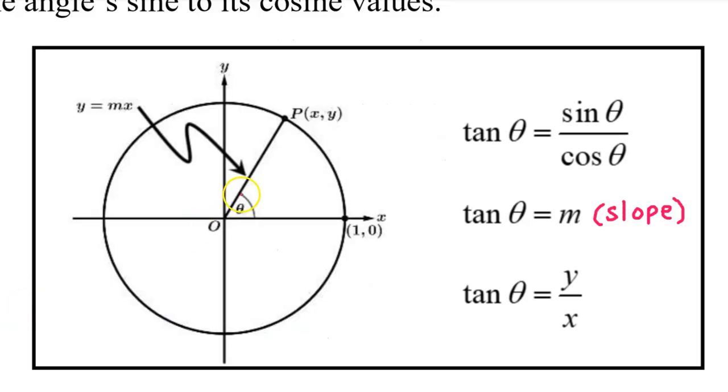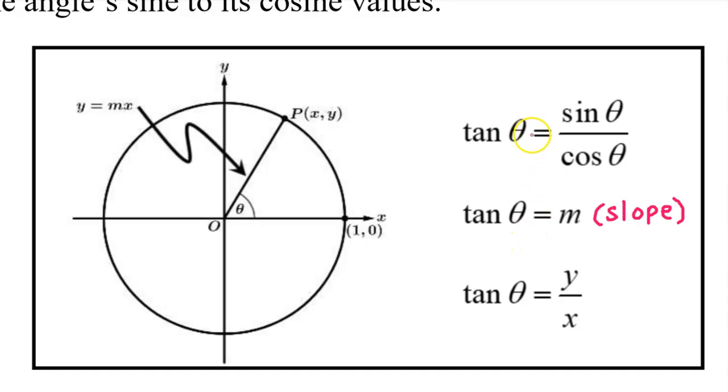In previous videos, we learned that the tangent of an angle theta is equal to the sine of theta divided by the cosine of theta. Also, if the terminal side passes through the point x, y on the circle, then the tangent is equal to y divided by x. This leads to the fact that tangent is the slope of the terminal side, because y is the rise and x is the run, and slope is rise over run.